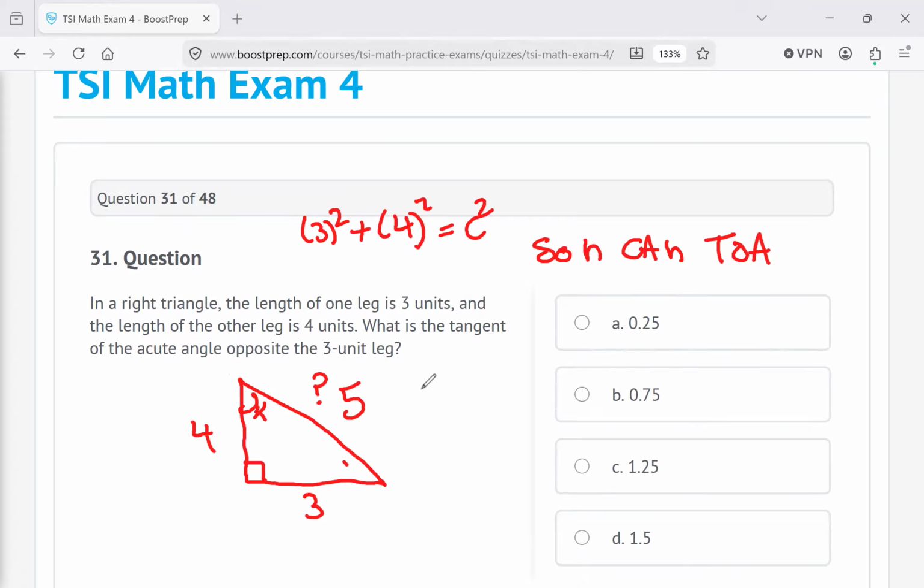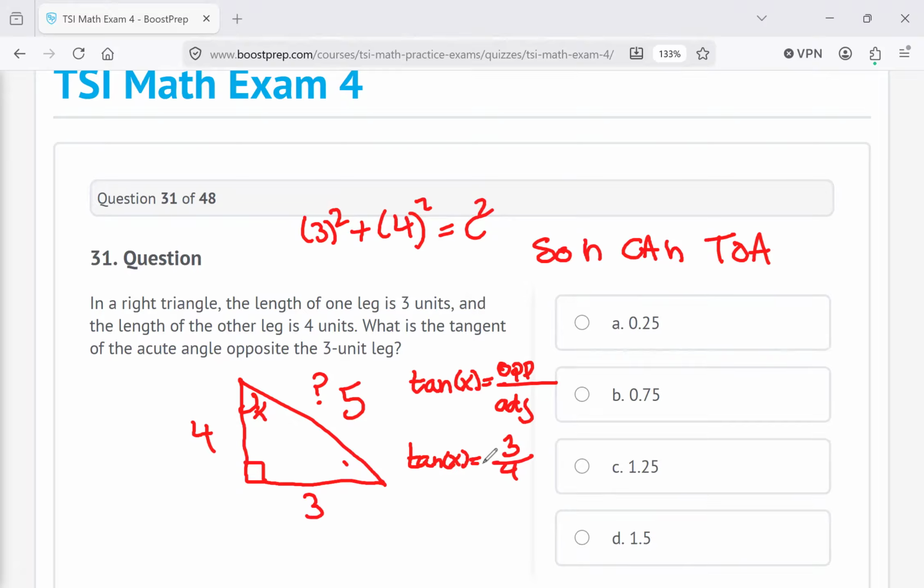So now we'll do tan, and you don't have to use x. You can use whatever letters you want, and then you just do opposite over adjacent. So my opposite is 3, and then my adjacent is 4.